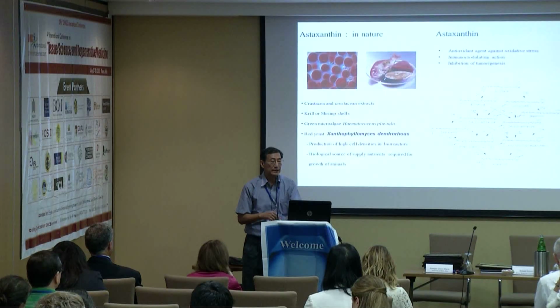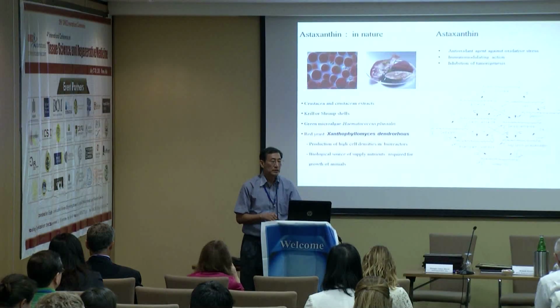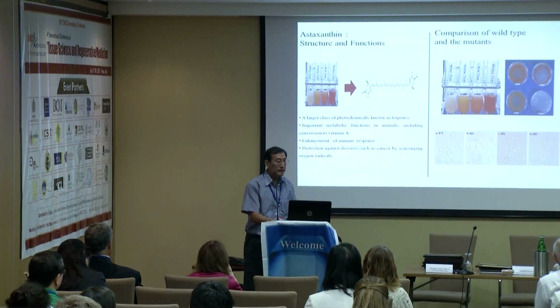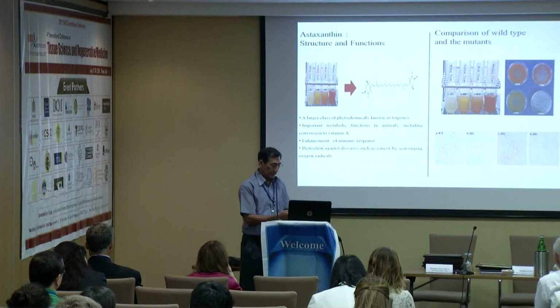Astaxanthin is a strong antioxidant against oxidative stress and an inhibitor of tumorigenesis. And the structure of astaxanthin is like this.